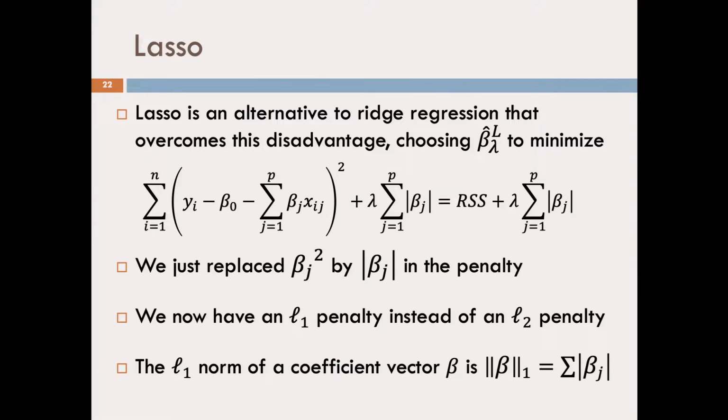So this is the L2 penalty, and this is the L1 penalty, because we are calculating the L1 norm of the vector of the coefficients. So if beta here is the vector of coefficients, the norm of the vector will be just the summation of the absolute values of each of the coefficients.